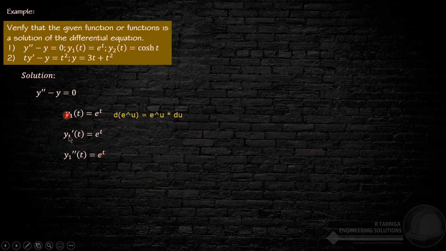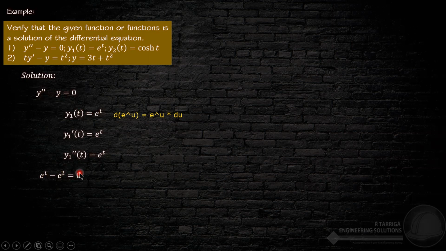So we now have the first derivative and the second derivative here. Applying the differential equation above, let's see if it will satisfy. The second derivative is e raised to t, that is what we put here. And y, which has not been differentiated, is e raised to t. If you subtract them, of course that is equal to 0.